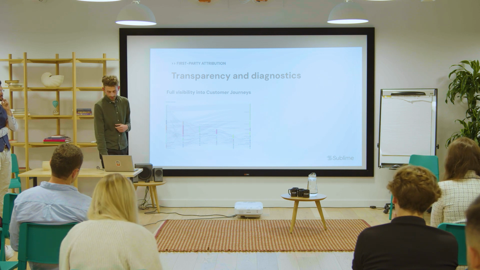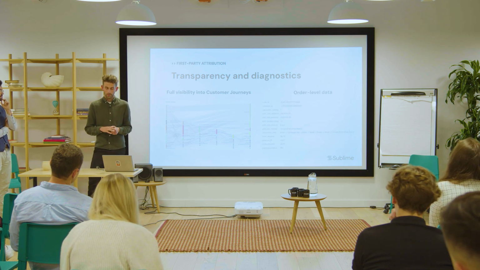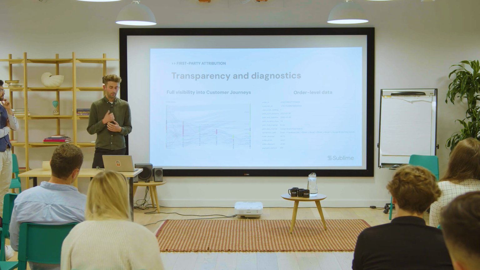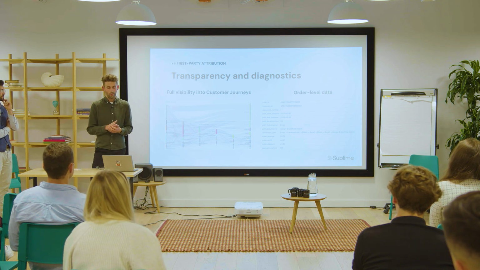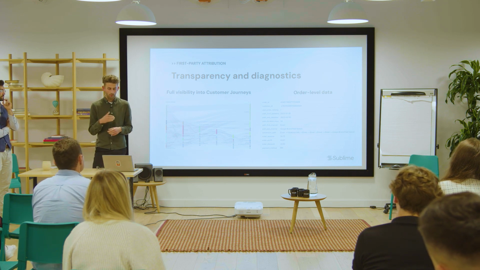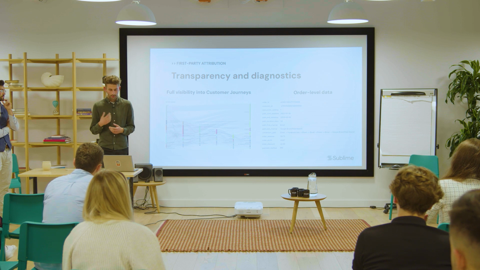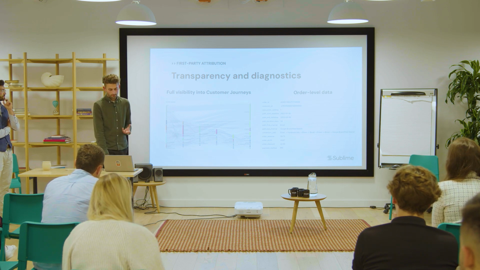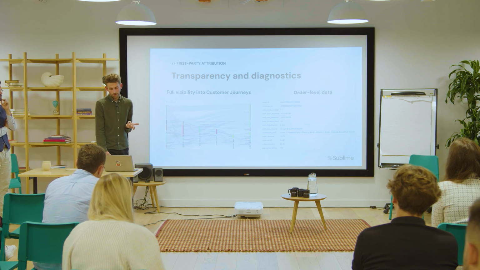And we can even go to the order-level data to see per order how each customer behaved, how the conversion path looked, when it started, when it ended, and so on. This really helps build trust in those numbers.